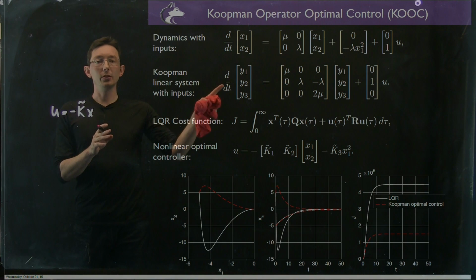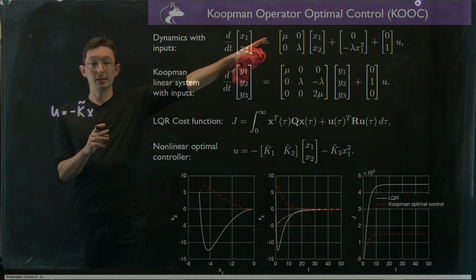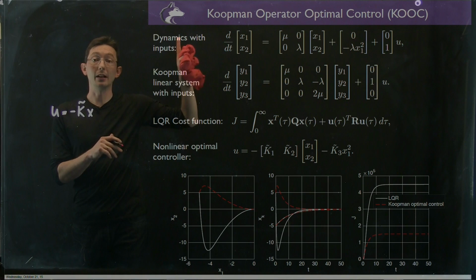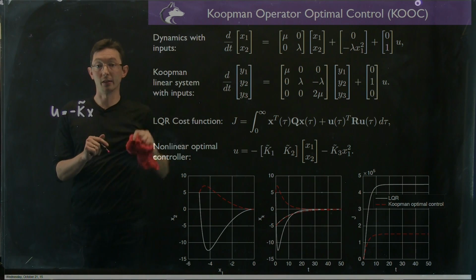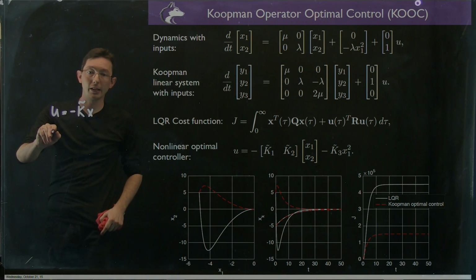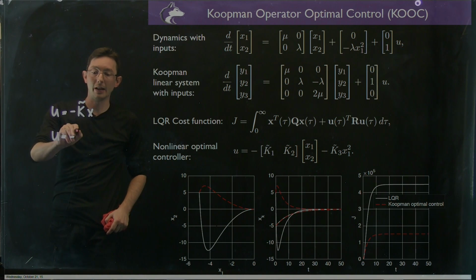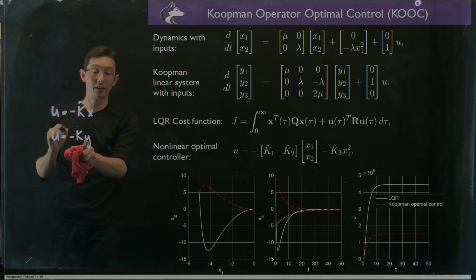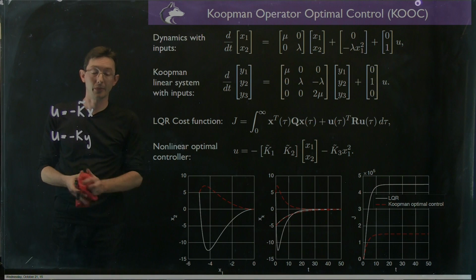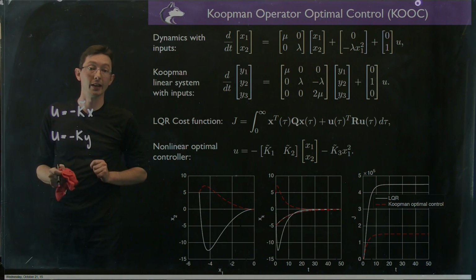And so instead of doing optimal control on this linearization, we're going to do an LQR optimal control on our Koopman linear system. So now we're going to get a controller u equals minus K times my bigger vector y of my nonlinear observations of x.